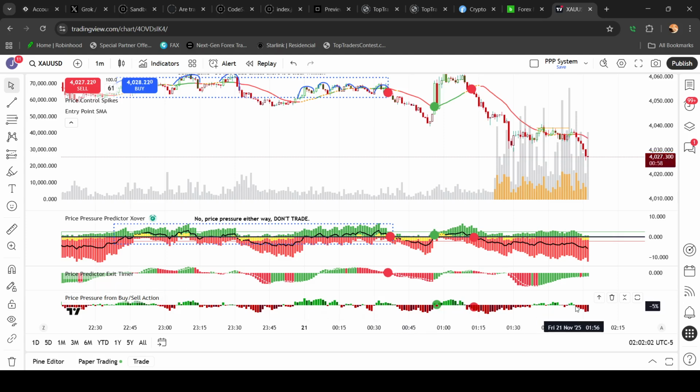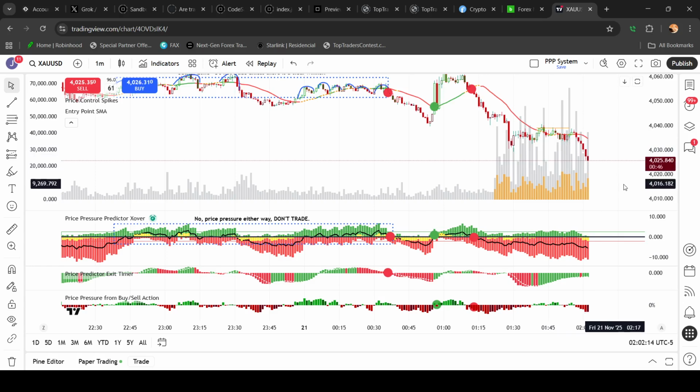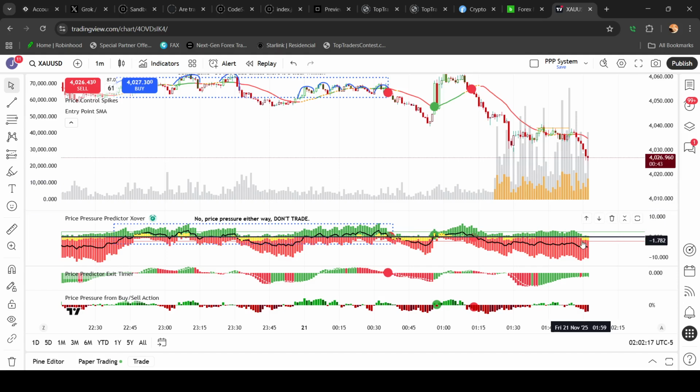So these are literally transactions. And this is saying that there's a lot more sales transactions than buying transactions. And thus, the price is weighing heavily to the downside. We even have an indicator that tells you that this is super strong to the downside. And you can see it fell. All right.